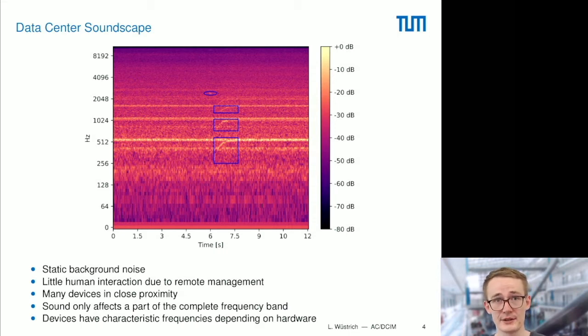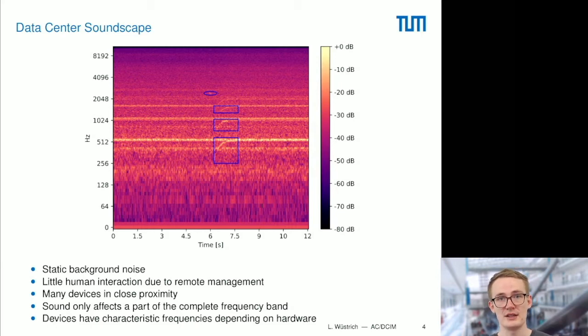What we can see here, also in the figure, is that the data center soundscape is relatively static. Devices in a data center operate under constant load, which also makes the emitted noise rather static. And since data centers are most often remotely monitored and operated, there's little human interaction, which can additionally produce sounds. Even though we have many devices that operate nearby, changes in sound from single devices stand out, as we can already see here.